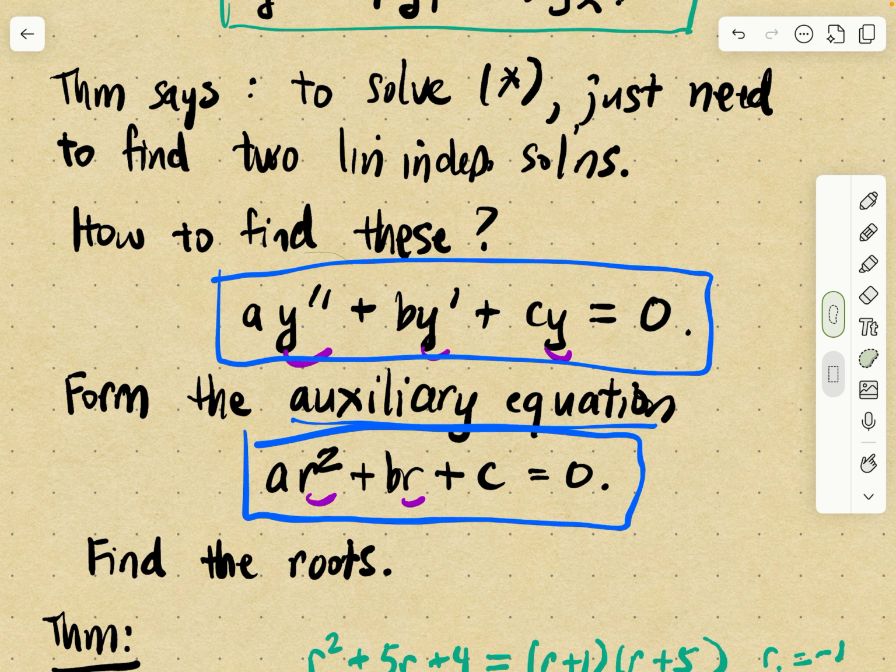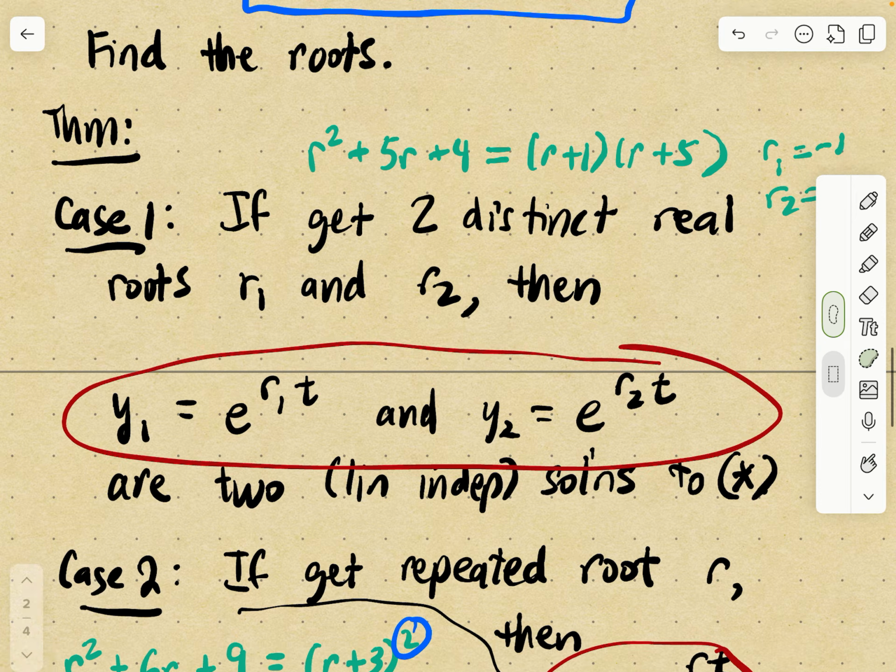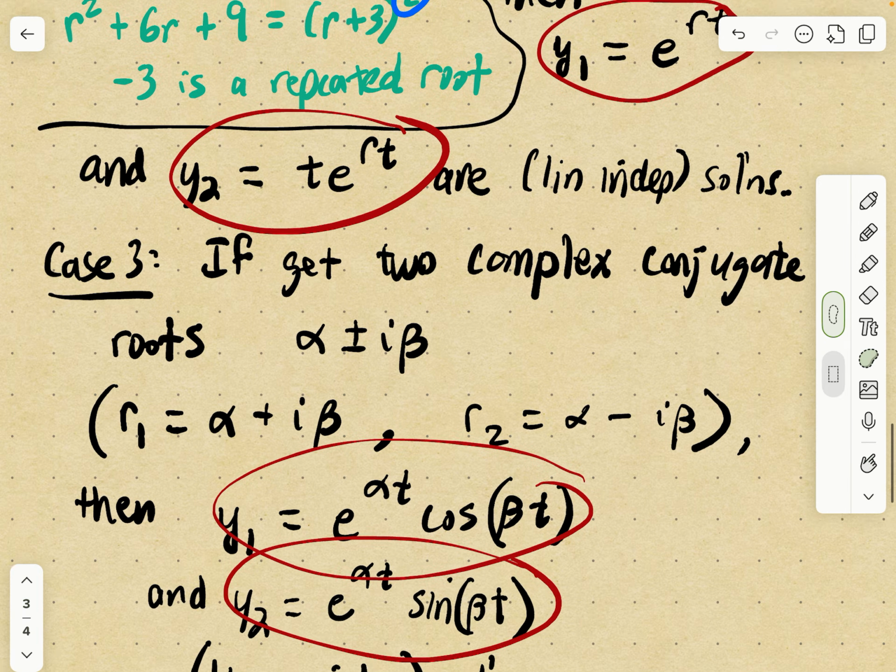If you take the second derivative, you're going to get an r squared e to the rt. And if you take the y prime, you're going to get r e to the rt. And if you plug in y, you get e to the rt. Basically you can factor out the e to the rt, and then you're going to get ar squared plus br plus c, and that's 0, because r is a root. Okay, I'm not going to write out the details of that.